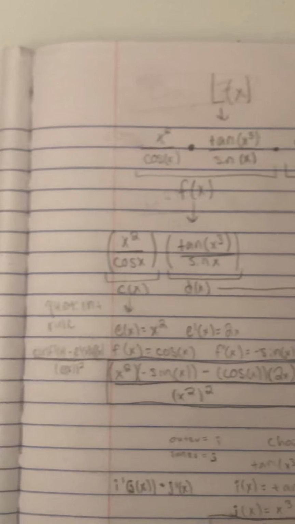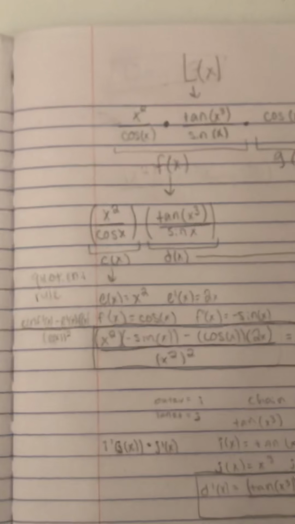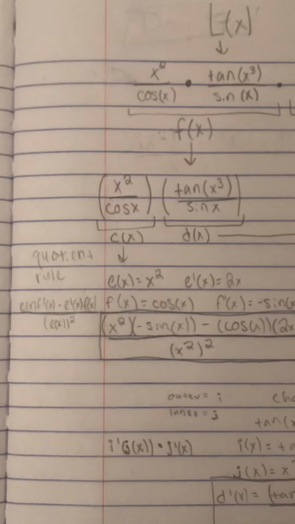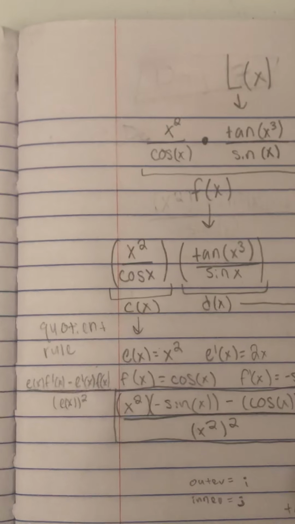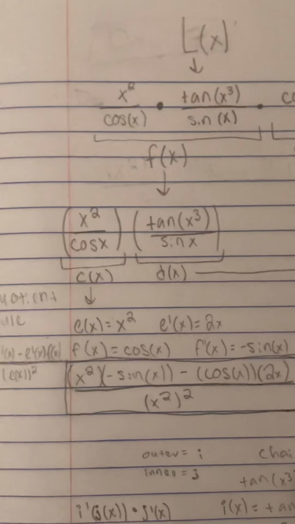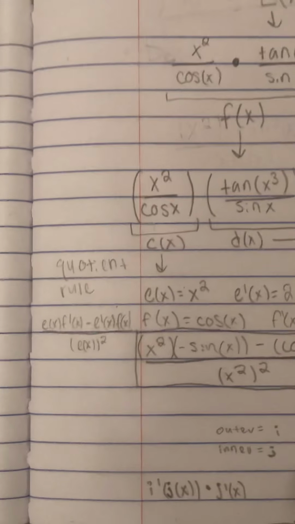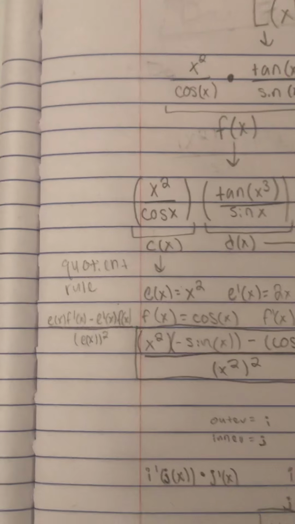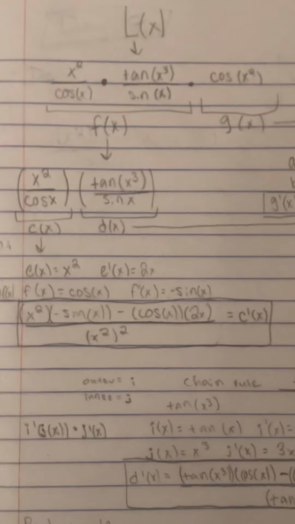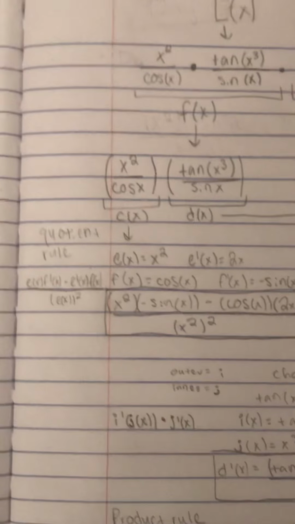And then moving on to the f of x, which requires more work. I first separated those two equations into c of x and d of x. I started with the x squared over cosine x, because it doesn't really matter which side you start with, they're both going to take a while.